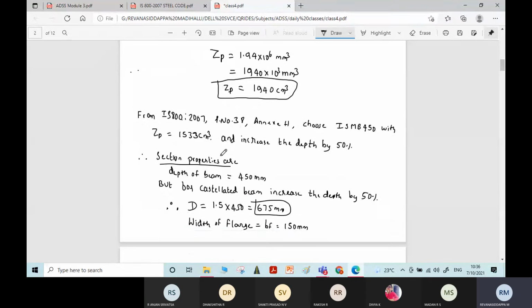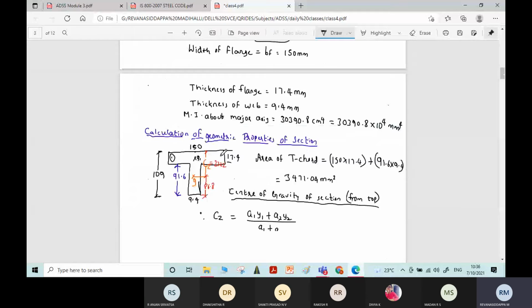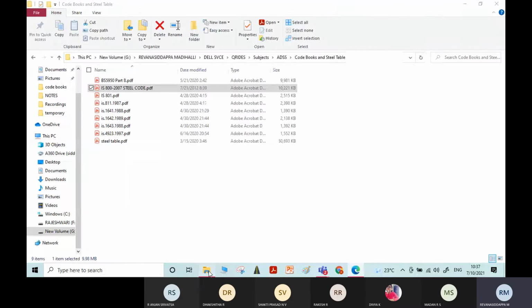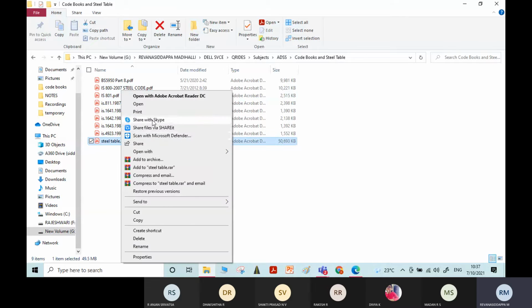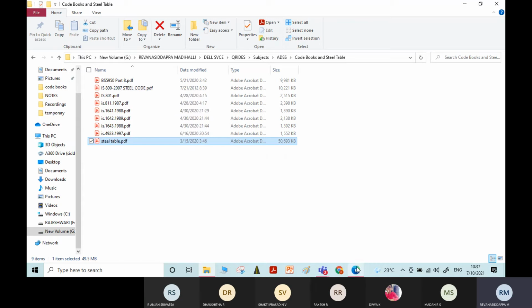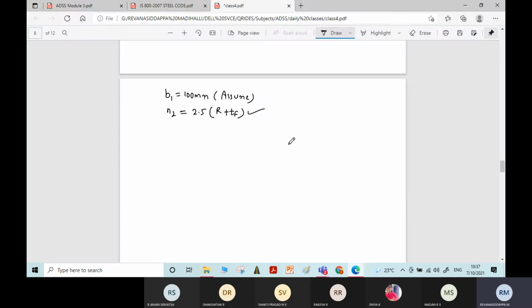ISMB 450 we have taken. We will see what the radius at root is. Can anyone see what the radius at root is for ISMB 450?